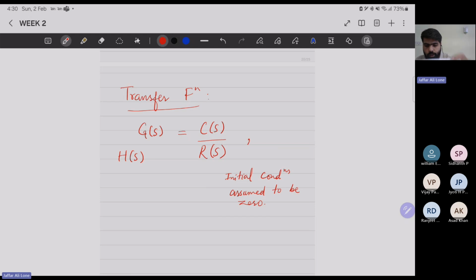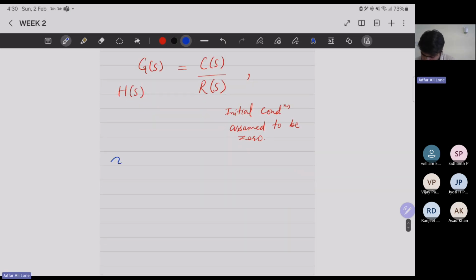For example, let's quickly solve this question first. This is a practice problem in your assignment. Using the Laplace transform for x(t) in the following differential equation, the differential equation is x double dot of t plus 5 x dot of t plus 3 x of t equal to 10 u(t).